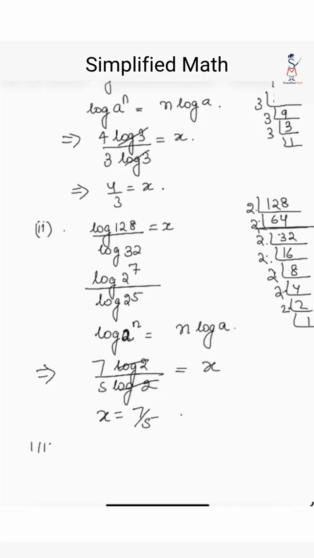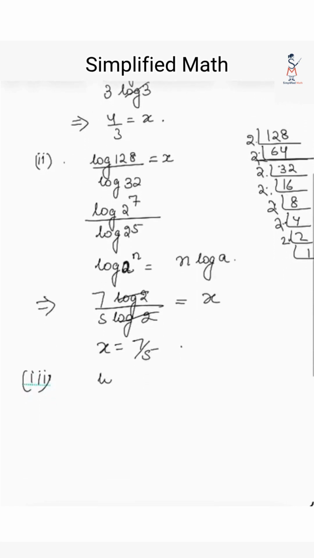Now we'll see the other one, that is log 64 upon log 8 is equal to log x, right? Same way, 64 is the square of 8. So no need to factorize.